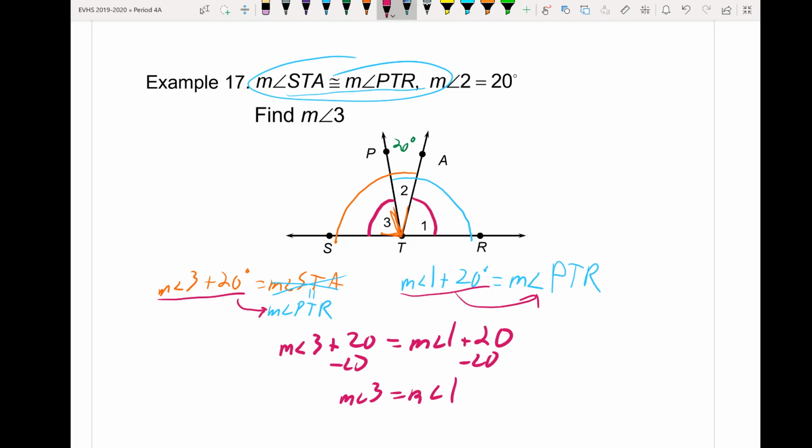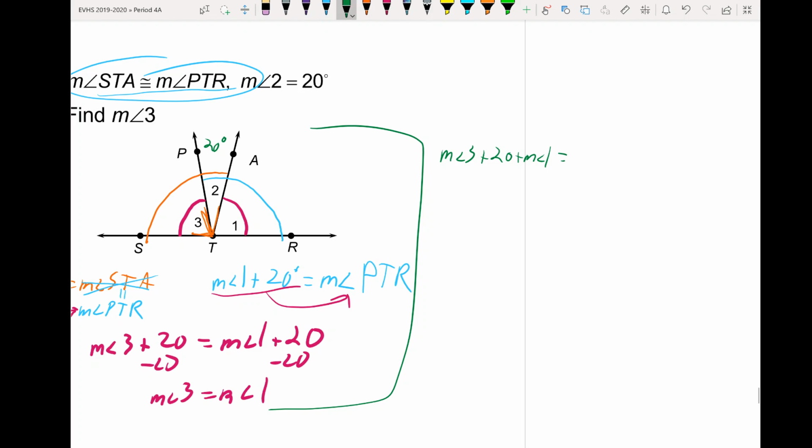So now I can jump over here to a side calculation and say that the measure of angle 3 plus 20 plus the measure of angle 1 equals 180. Right? Those three together all equal 180. However, measure of angle 3 and measure of angle 1 are equal to each other.